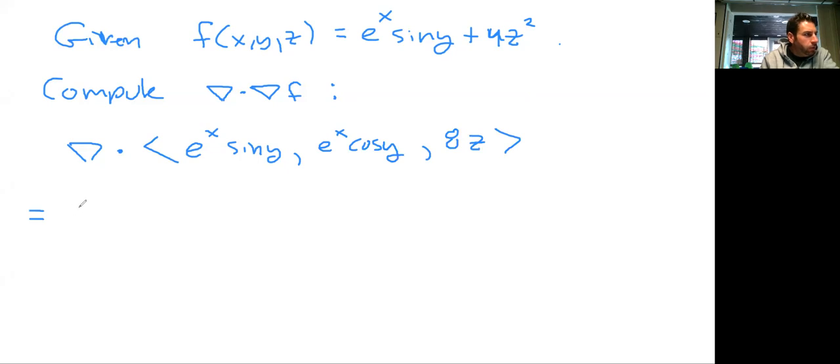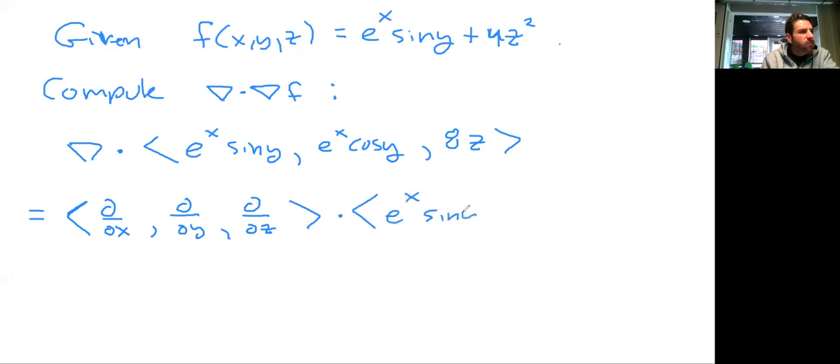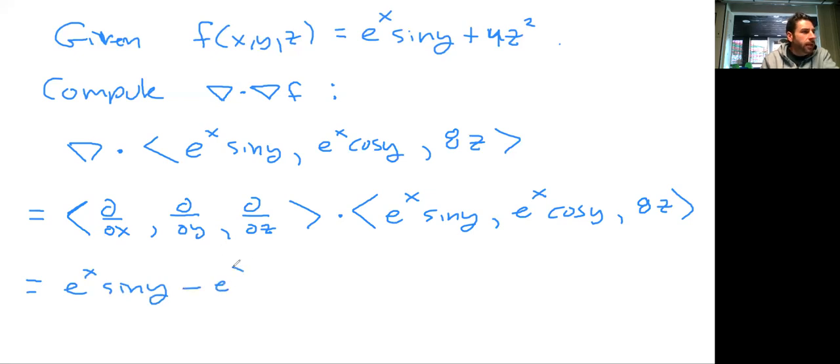Now I'm going to take the partial with respect to x, y, and z, put them in the vector, that's my del operator, and I'm going to dot it with this creature. And so when I do that, I get e to the x sine y minus e to the x sine y plus 8.